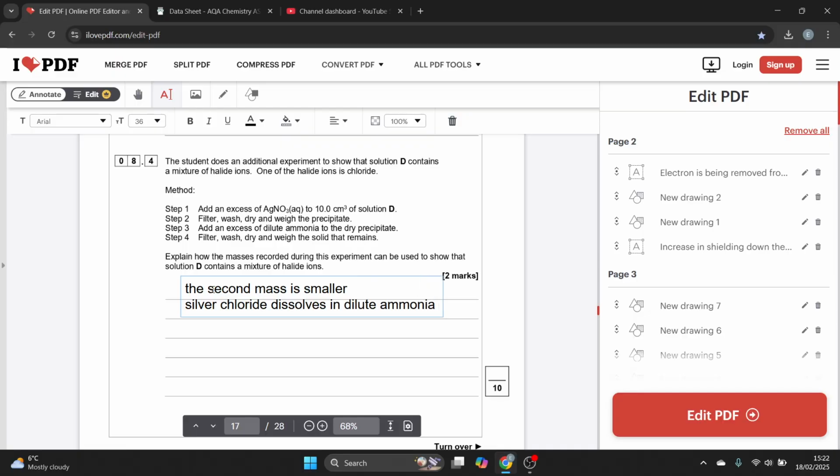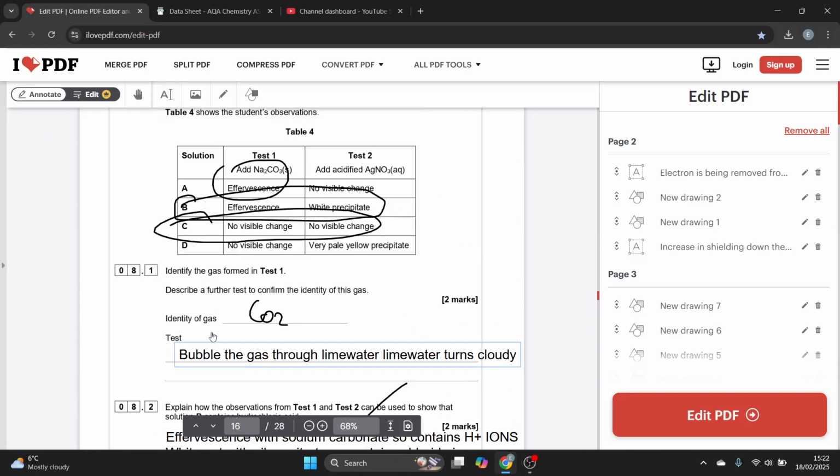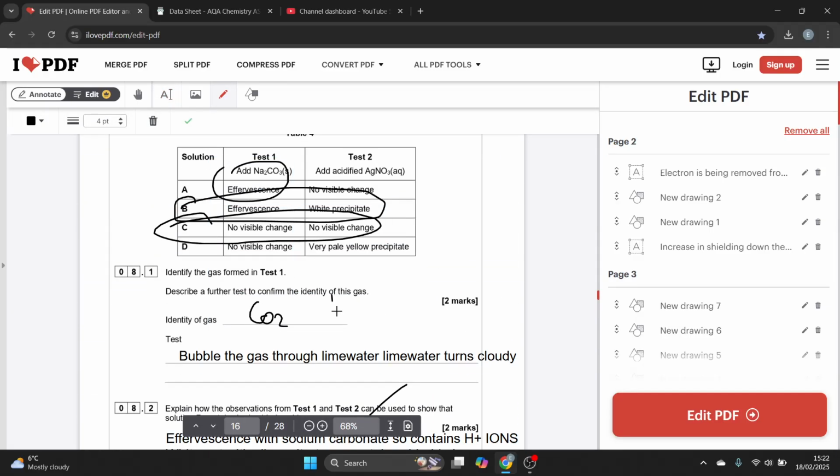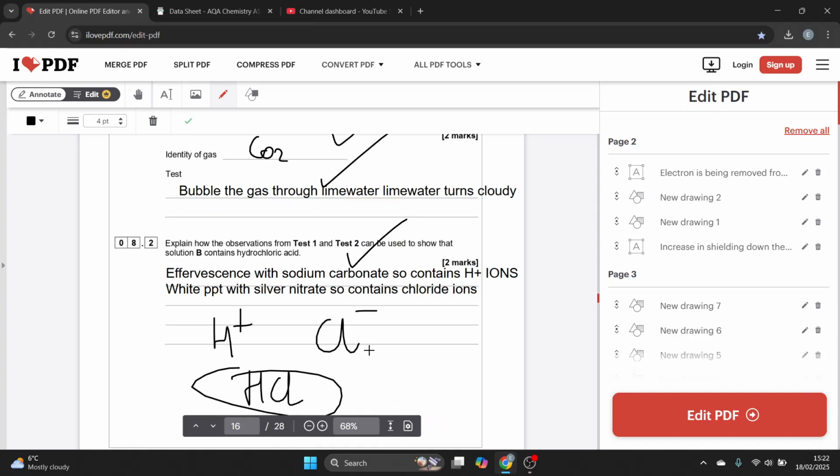There you go. And I can show you how it contains a mixture of halide ions because silver chloride dissolves in dilute ammonia. And this question 8, first one, carbon dioxide, bubble gas through lime water, turns lime water cloudy.